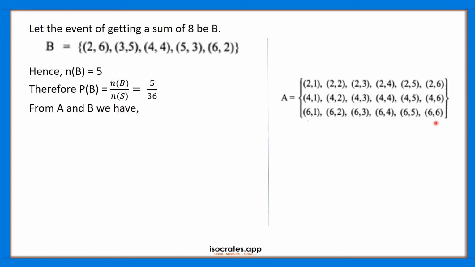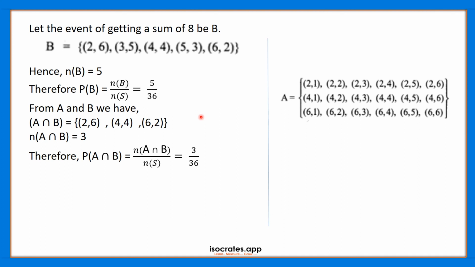When we look at A and B together, we find that A intersection B is nothing but (2,6), (4,4), and (6,2). So our n(A intersection B) is equal to 3. By using the formula for the probability of an event, P(A intersection B) is equal to 3 by 36.